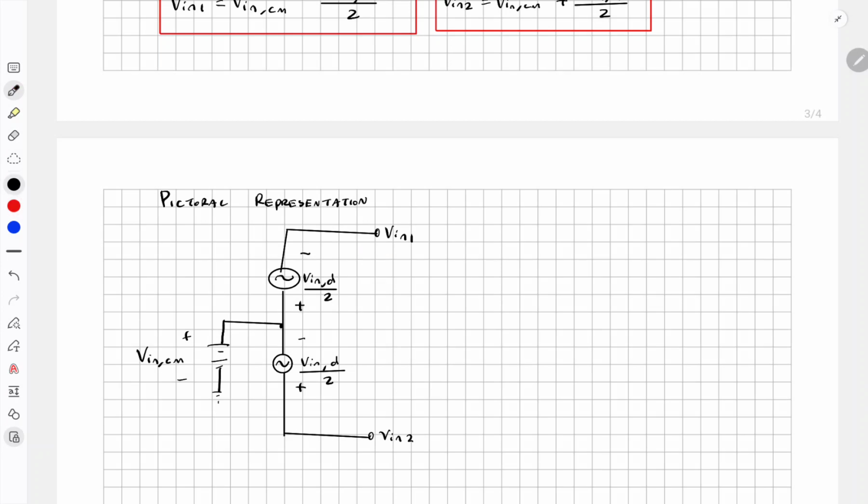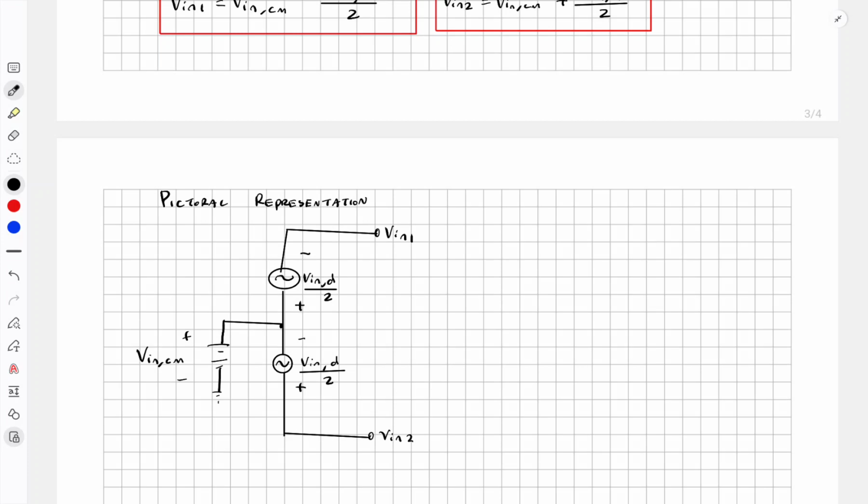Now, I drew it in such a way that V in CM is DC and V in D is AC. It doesn't have to be necessarily this way. You should note that CM doesn't necessarily have to be DC, but it usually is, because usually the common component is a DC biasing, DC voltage shift.